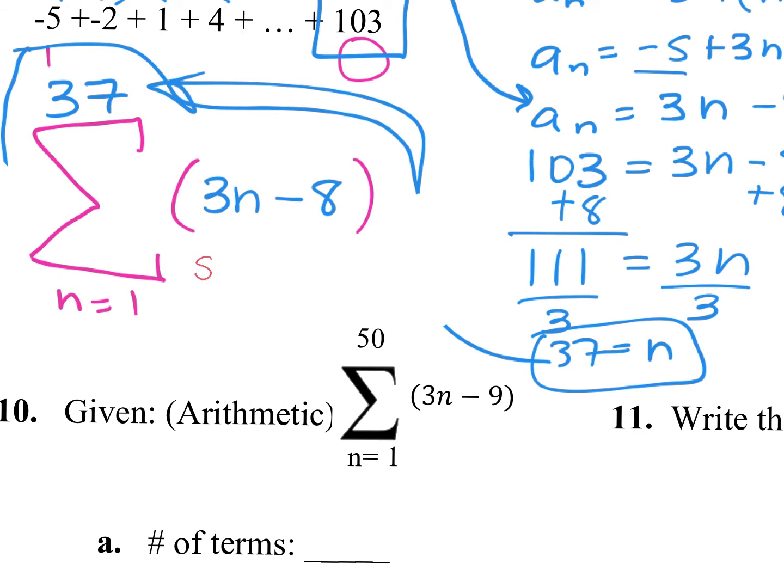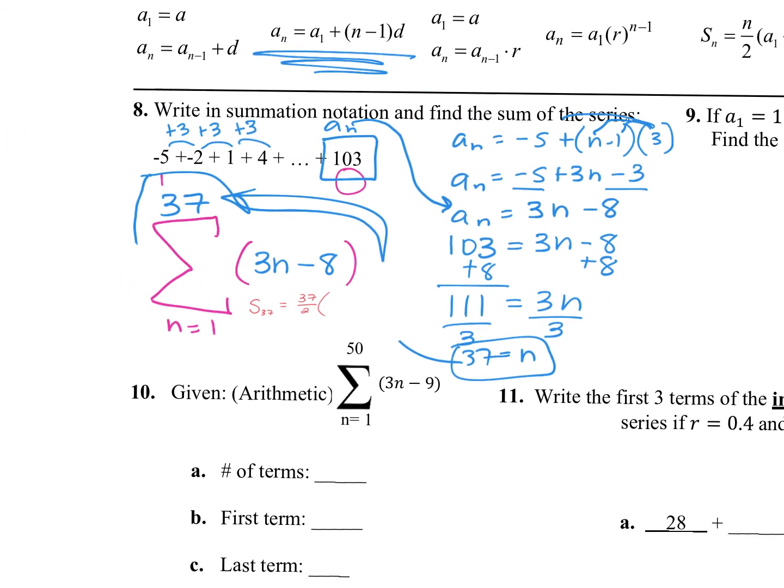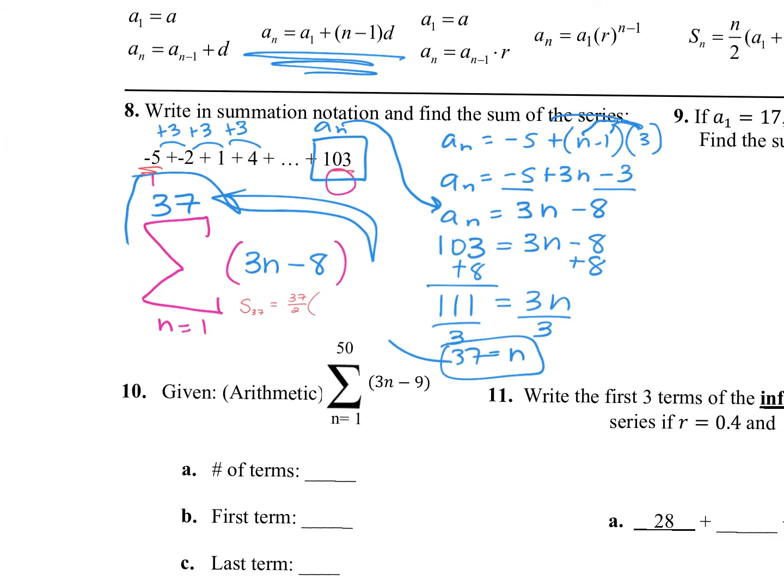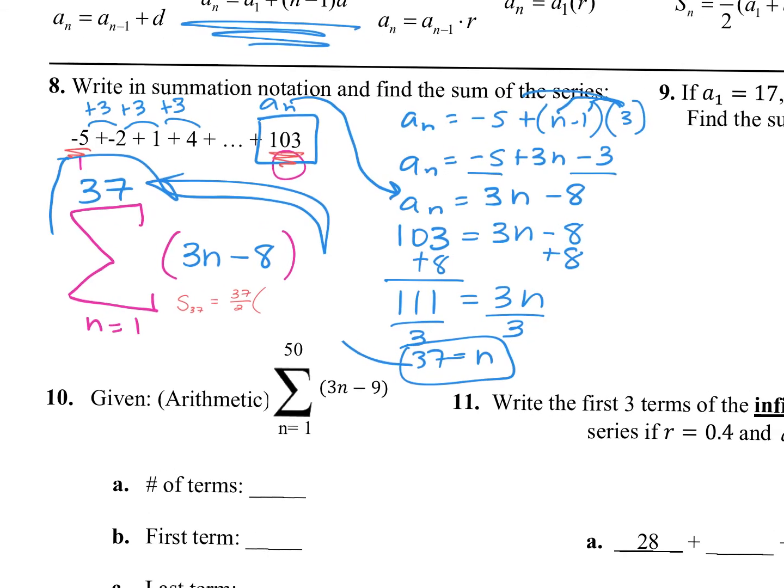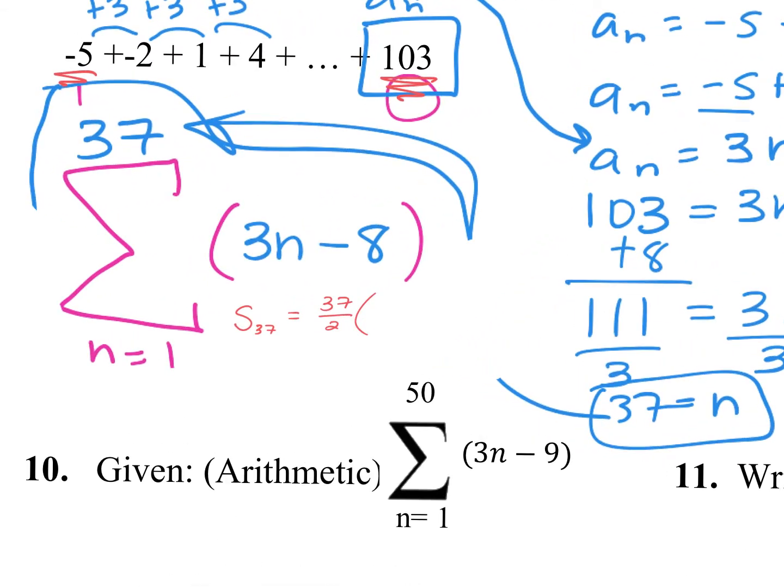So the sum of these 37 terms is going to be 37 divided by 2 times the first term, which was our -5, plus the last term, which is 103. So this is going to be -5 plus 103, and that you can plug into your calculator. So the sum of those 37 terms is going to be 1,813.